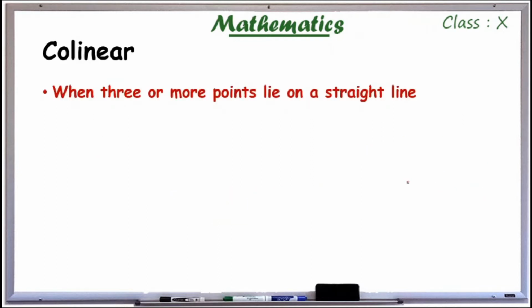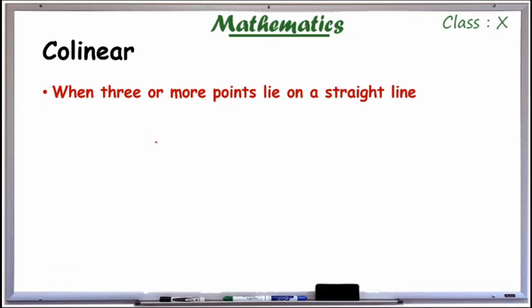We have studied about collinear. To check collinearity, you have to find the distance between each pair of points. Now we are going to check collinearity of 3 points, which means we have to identify whether the 3 points are in a straight line or not.